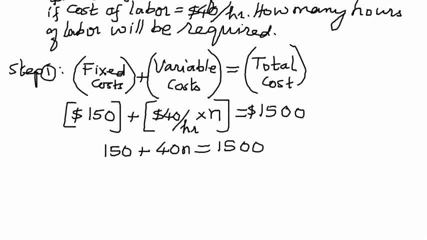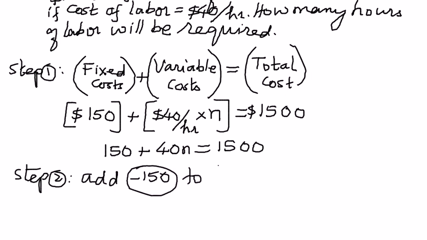So now we go with the second step, and we have boiled it down to a linear equation. Since we have 150 on the left hand side, we want to isolate the n term on one side of the equation. So we're going to subtract 150 on both sides of the equation. So add negative 150 to both sides of the equation.